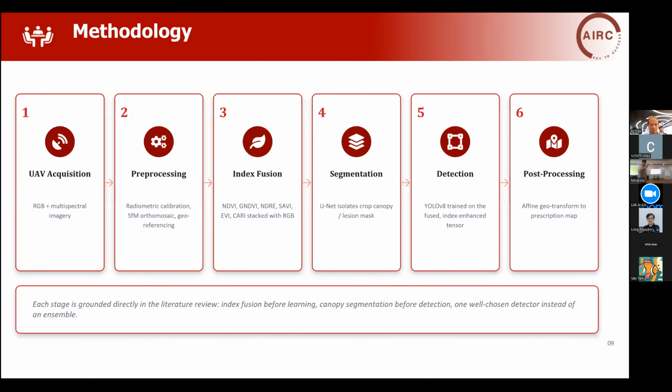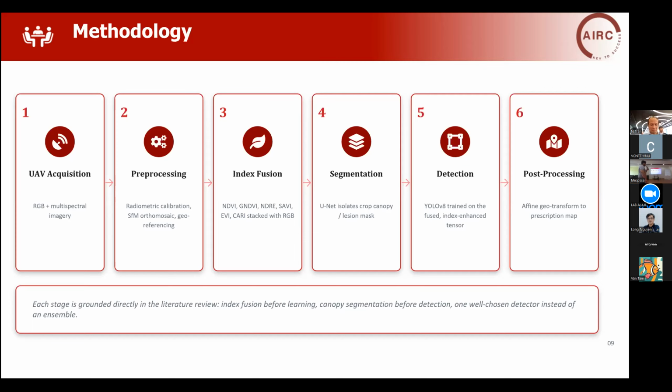Okay, so the working of this methodology is, first, UAV acquisition of RGB and multispectral imagery. Then processing will take place as orthomosaic or georeferenced mapping. Then index fusion will include normalized difference, green normalized, red normalized, and soil adjustment.